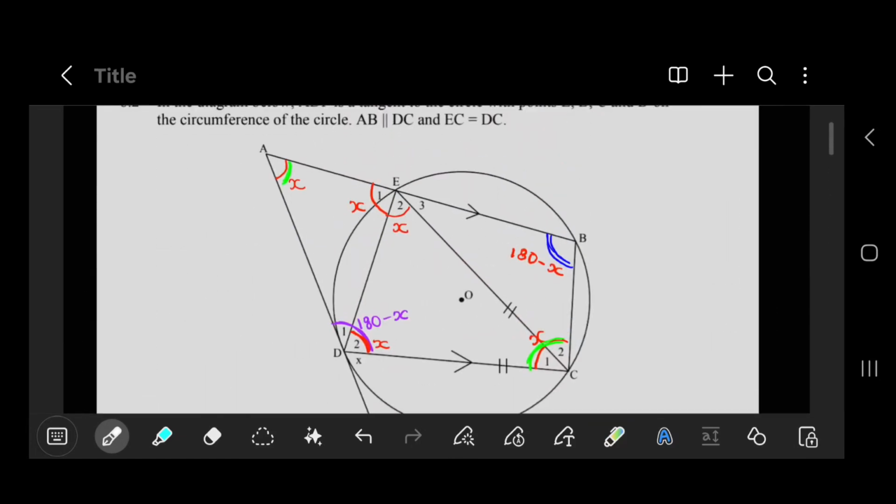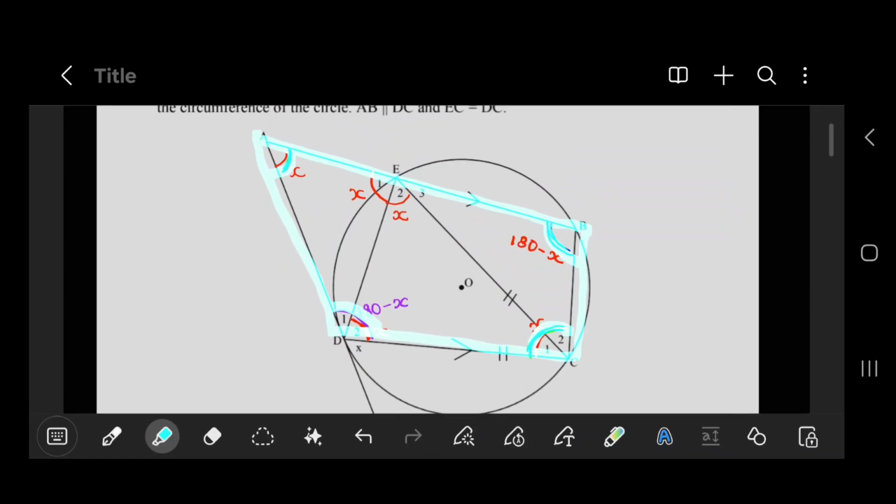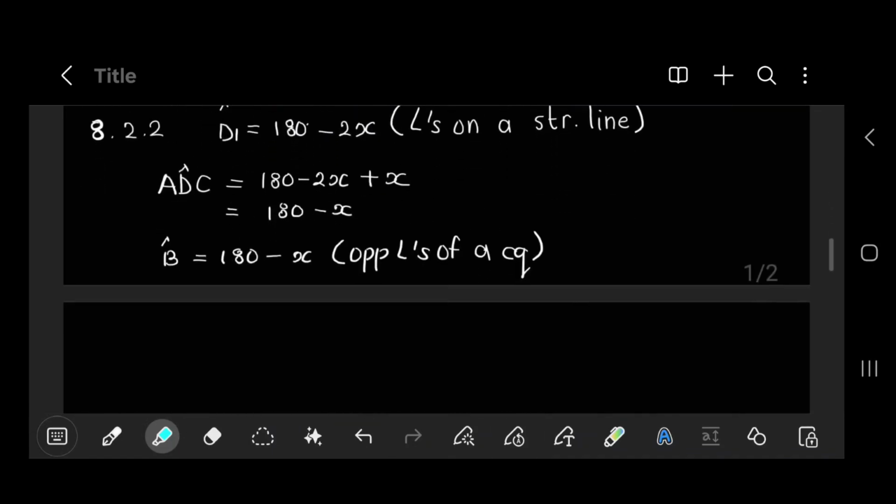So we've kind of already proved that this is a parallelogram, because what we've proven is that the opposite angles are equal. You've got 180 minus x, 180 minus x. Here we've got x and x. So we've proven that ABCD is a parallelogram.